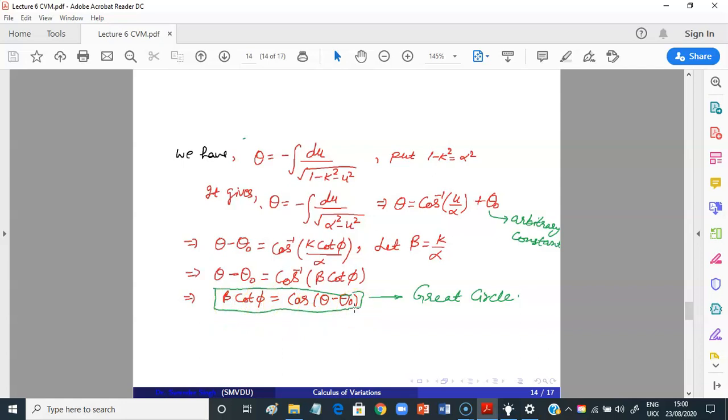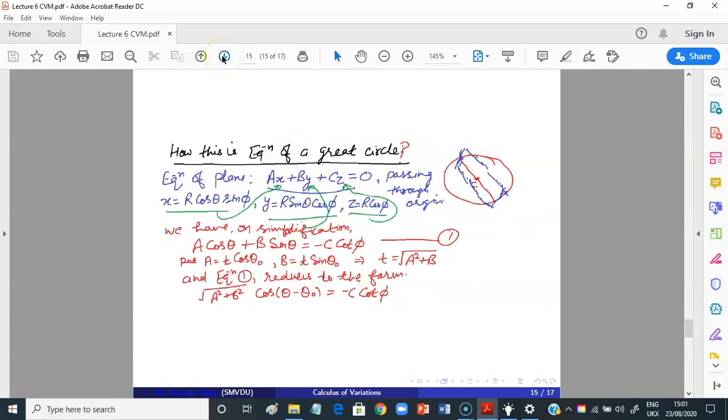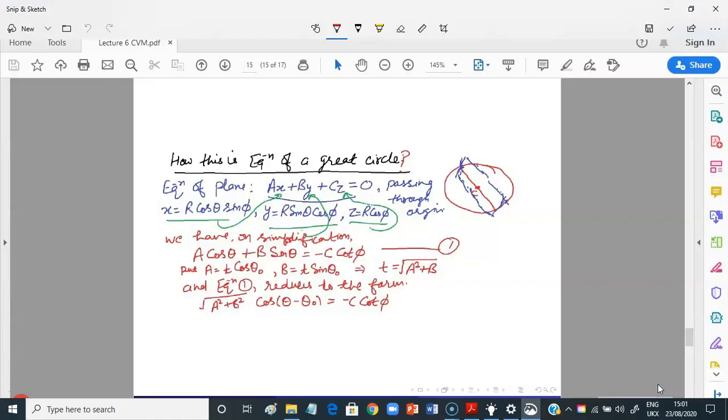How it is the equation of a great circle, we are going to describe on the next slide. First of all, you must know how a great circle is obtained. Suppose we have a sphere here, and this is the center of the sphere.